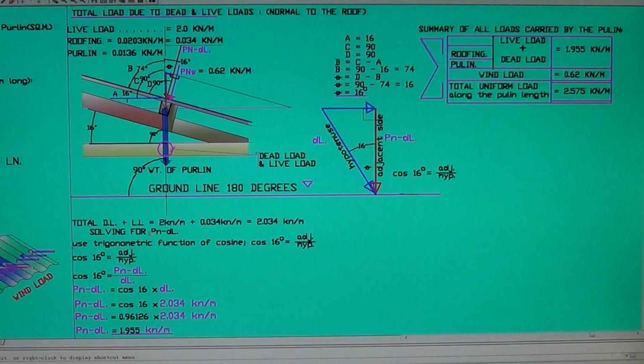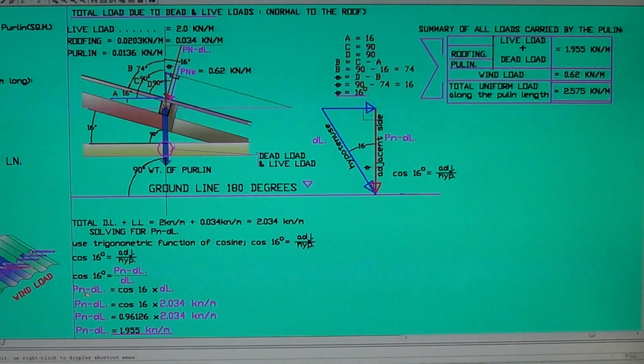So total dead load and live load is 2.034 kilonewton, and use the trigonometric function of cosine. Cosine 16 degrees is adjacent over hypotenuse. Substitute the value instead of this adjacent and hypotenuse there, Pn DL over DL. We're looking for Pn, okay?